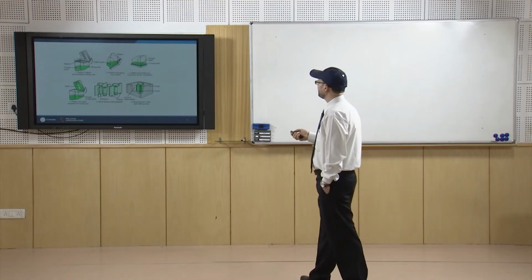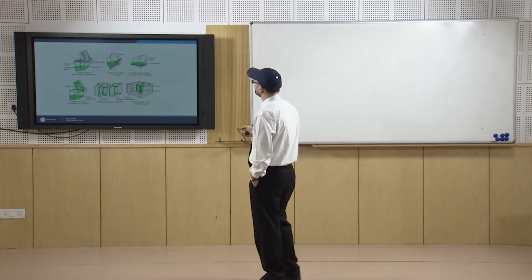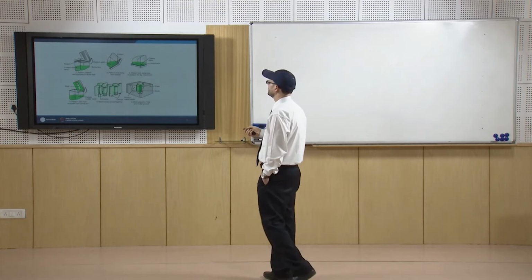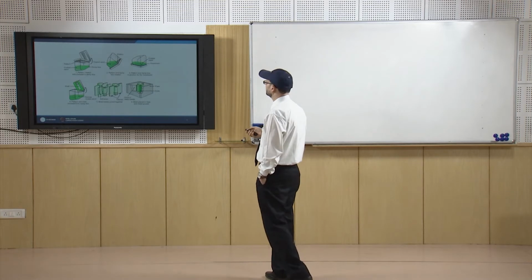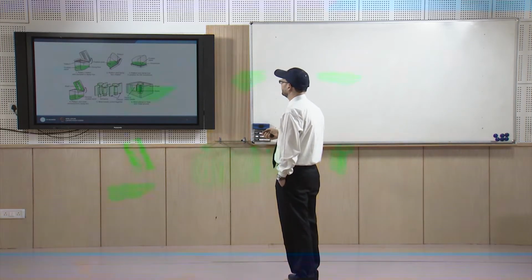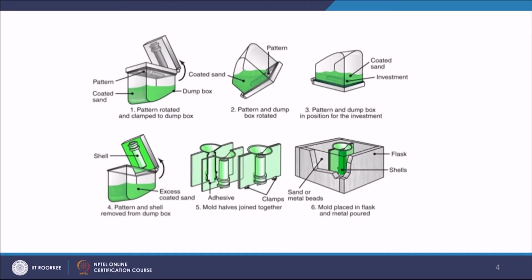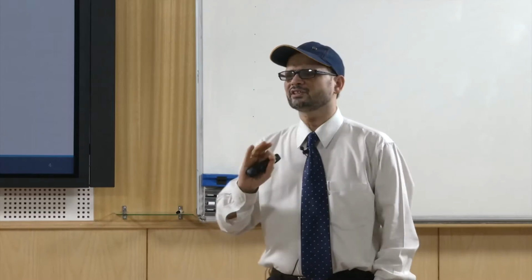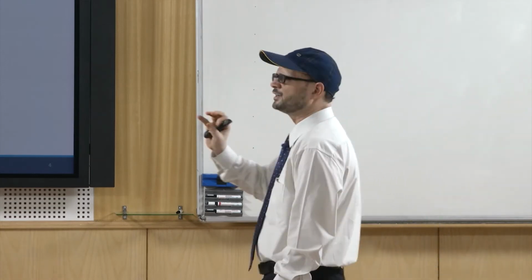You have a sand resin mixture, where sand is coated with the resin, and this is the pattern. This is heated. Once this coated sand comes in contact with the heated pattern, because of the high temperature, polymerization takes place and bonding takes place.